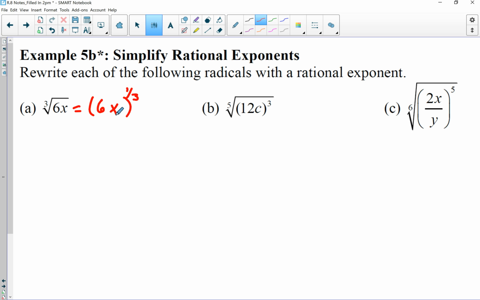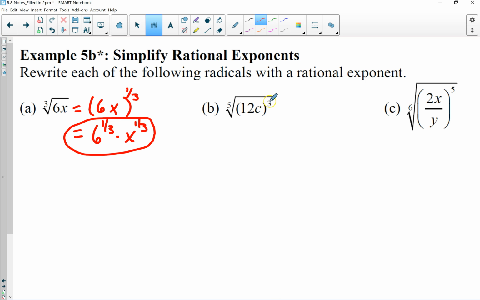And then to reduce it, I can treat this like any power, whether it's a fraction or not. You can apply the power to each factor individually. So this is like 6 to the 1/3 times x to the 1/3. And that's really all that you can do. I don't have any other math I can do on that. So that would be the best that we can do.